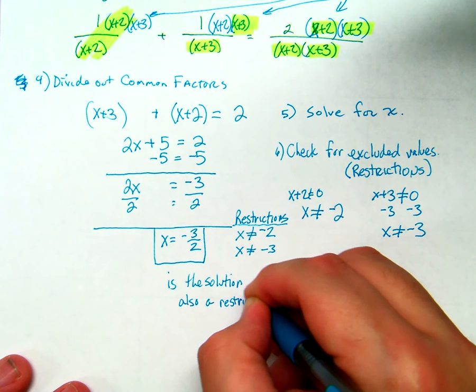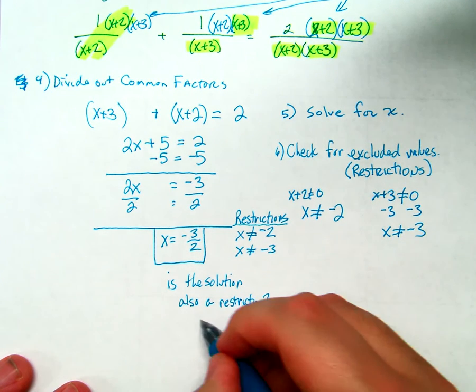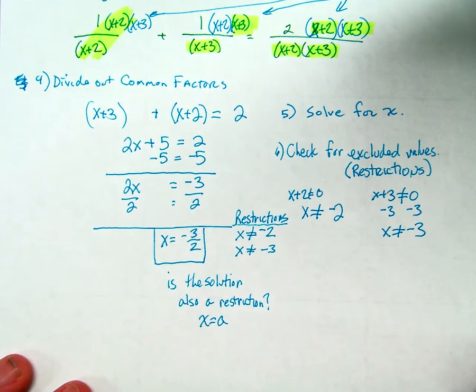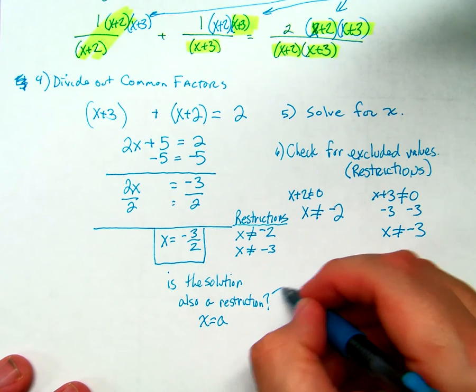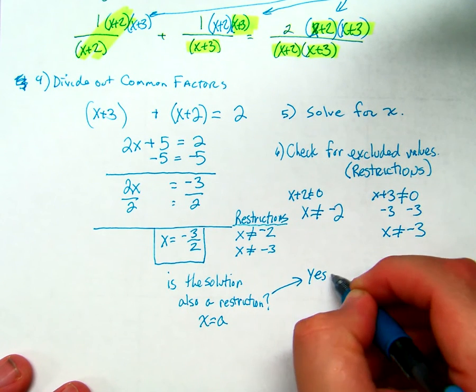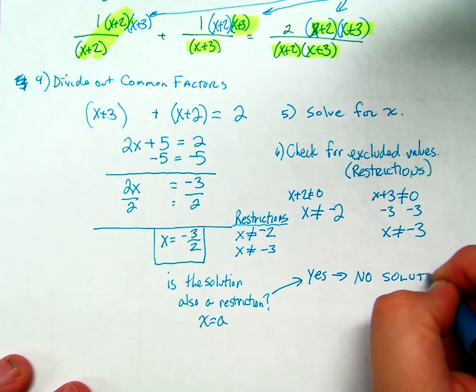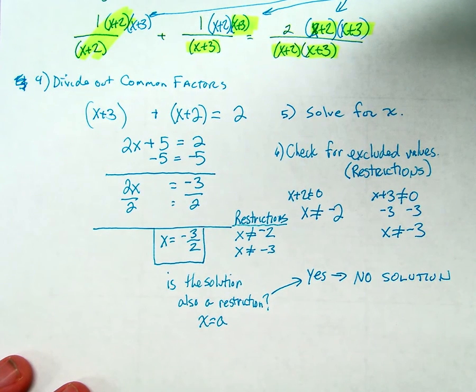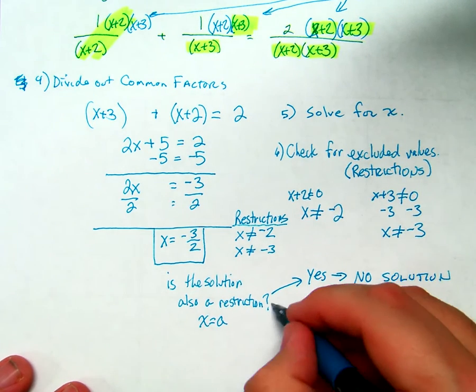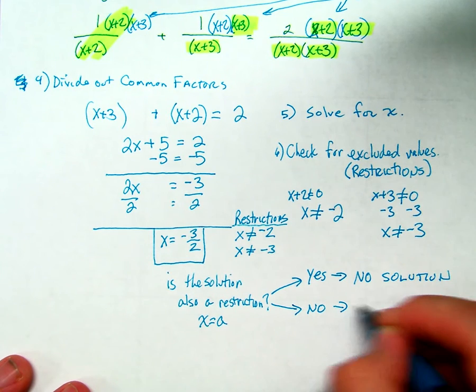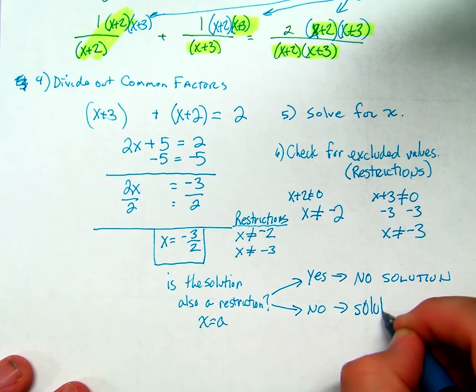So I'm going to say x is equal to a is my solution. If it's yes, there's no solution to the equation. If it's no, the solution is x is equal to a.